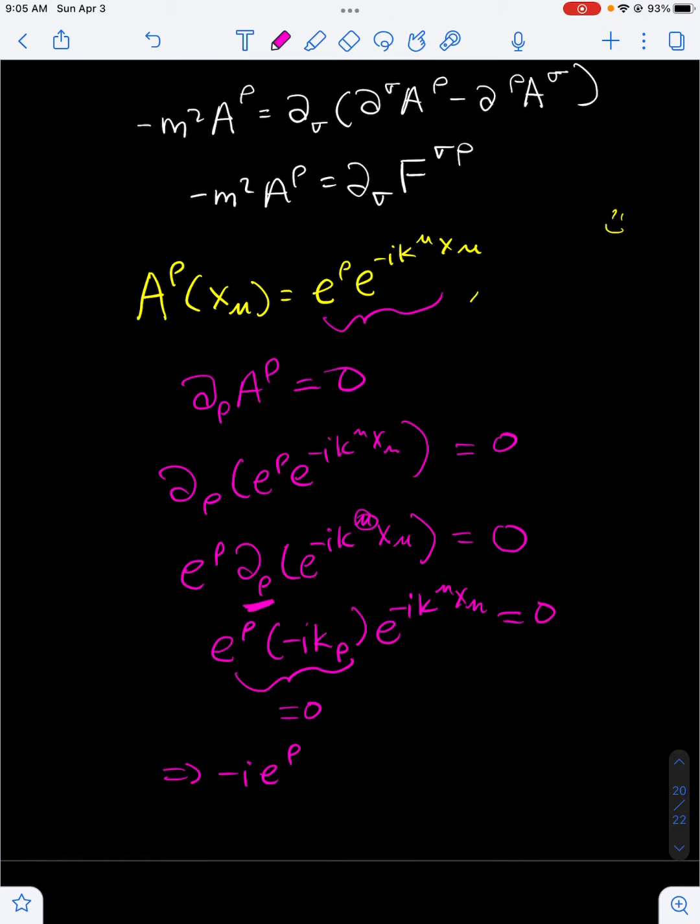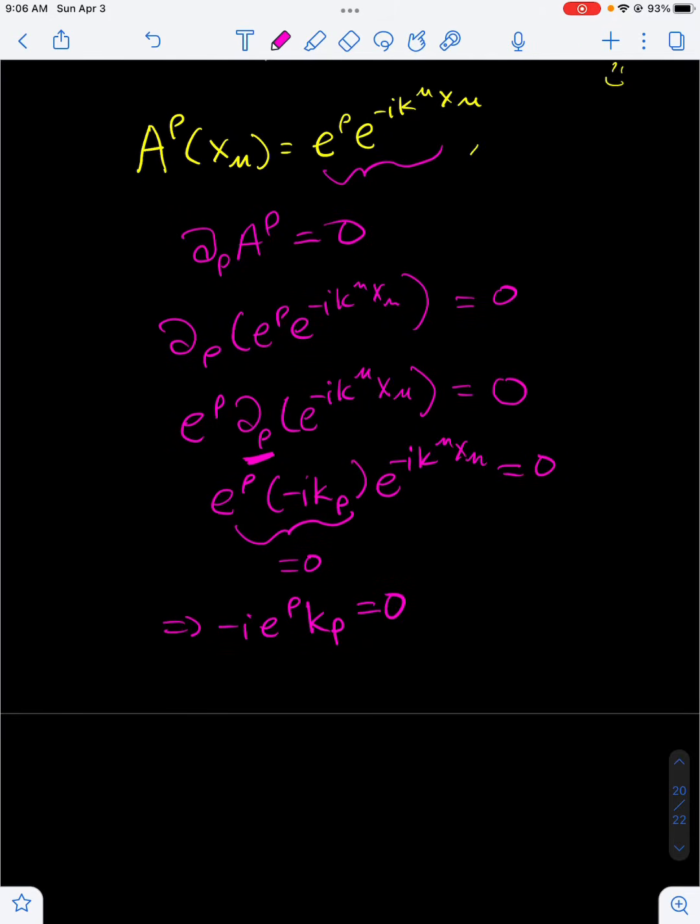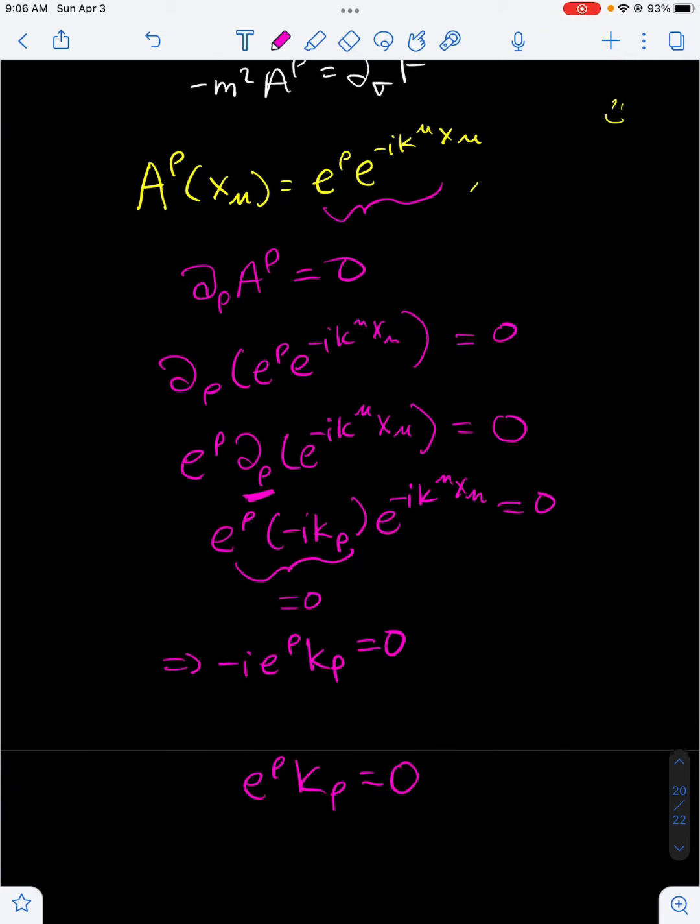So you have minus I e rho, k rho equals 0. We can then just divide both sides by -1, and we're going to get e rho k rho equals 0.